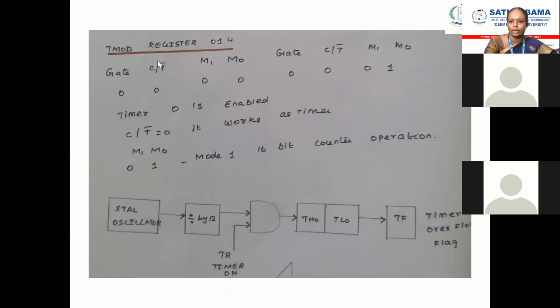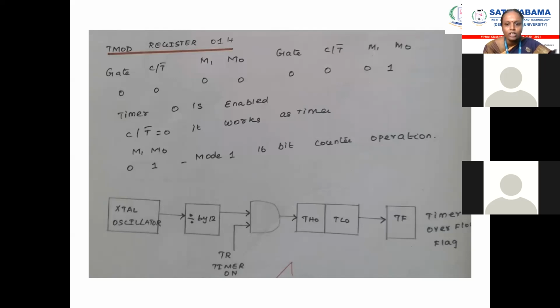TMOD, that is timer mode register. Are you clear? What is the purpose of timer mode register? The timer mode register is used to set in which mode of operation it is working. Here, 4 modes of operation are there: mode 0, mode 1, mode 2, mode 3. So timer 0 is used to select which mode of operation and which gate I have to apply, whether I have to get the internal clock pulse or external clock pulse, and whether it has to work in counter mode or timer mode.